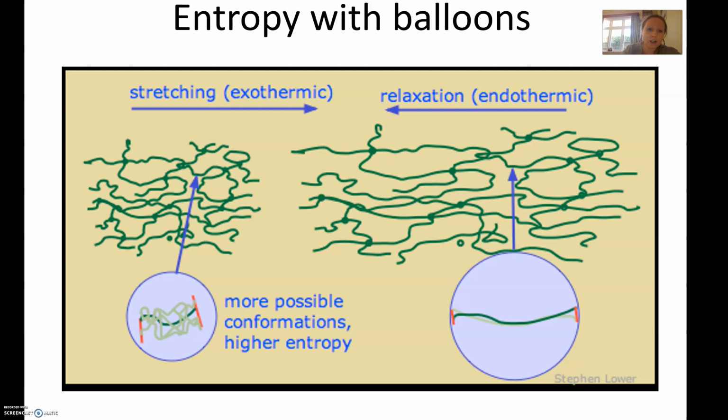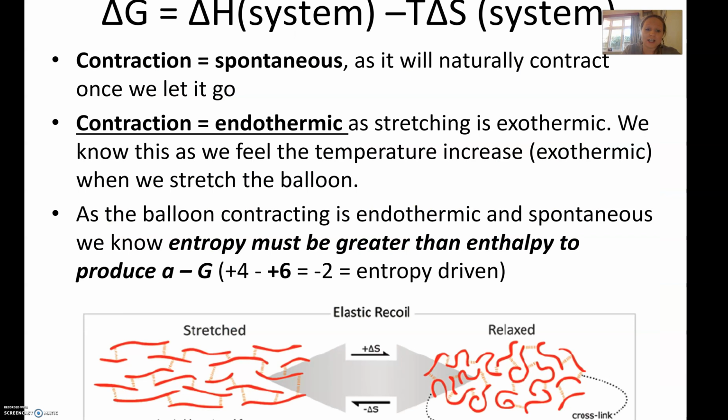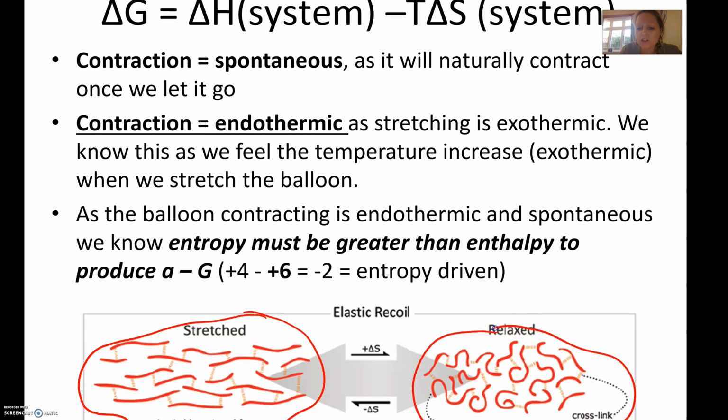When we look at what's actually happening, if you look at these pictures down here, when we stretch the balloon, all of the polymers inside the balloon become very ordered and lie on top of each other. When you let it contract, they all become disordered and tangled again. And we know that an increase in disorder is an increase in entropy.